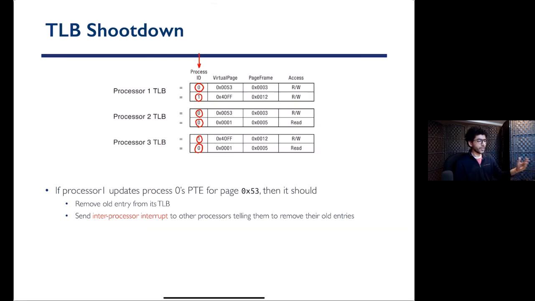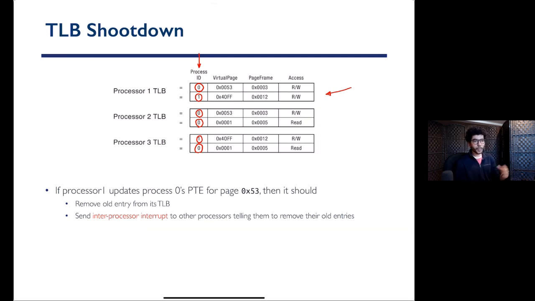Now let's assume that at some point in time, process 0 is running on processor 1, and for whatever reason, the operating system decides to update a page table entry for this process. What should happen? Obviously, we're going to do whatever we have to do with the page table and with the TLB in processor 1, where the update is happening.